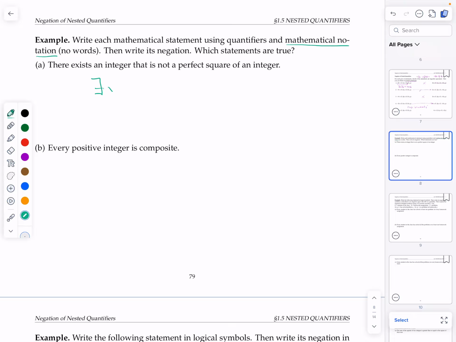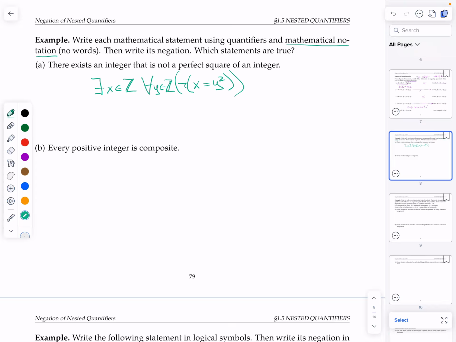So here, there exists an integer. So there exists x in the integers that is not the perfect square of an integer. Let's see. So let me write this down. It is not true that x is equal to y squared, such that for all y, okay, that works.